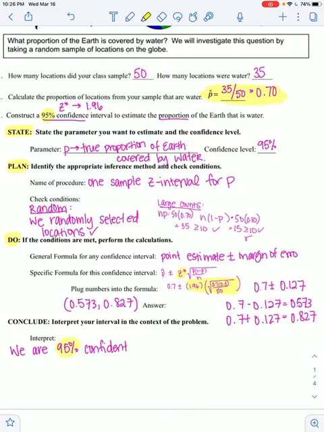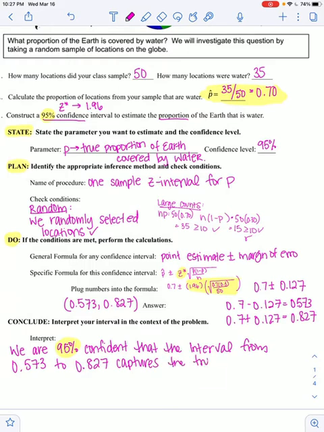So 95% confident that the interval from 0.573 to 0.827 captures the true, and remember we're doing proportion, so it's the true proportion of Earth covered by water. Alrighty. And remember also, this is our interval that we plug in. Proportion is the parameter that we care about. And then Earth covered by water is our context.